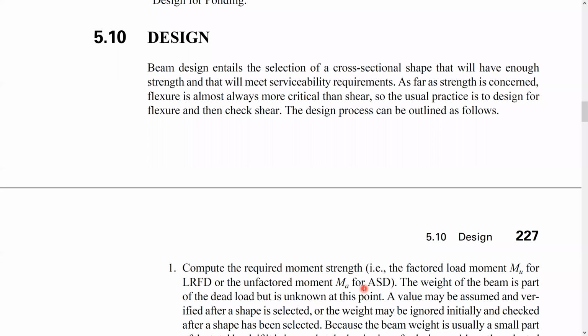And easily, guys, if we do have a simply supported beam again, and here are the loads, let's say this is W, we need to compute the required moment strength. Means what is the maximum value for the moment here. So the maximum for this case is WL squared over 8. And this is just a general case, but you have to be able to find the maximum moment for any type of beam.